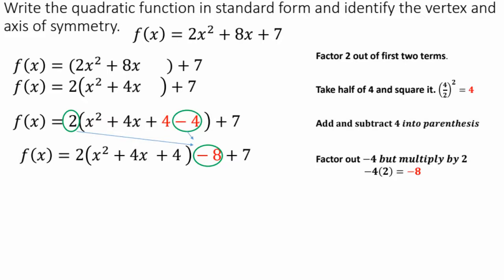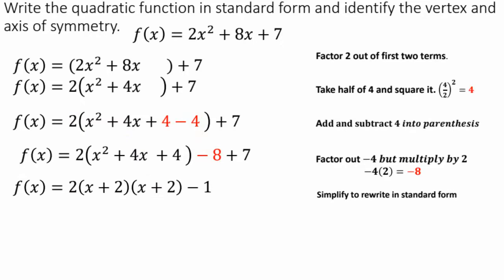So when I move the parentheses here, x squared plus 4x plus 4, when I take this negative 4 out of the parentheses, I've got to give back the 2 that had been taken away from the beginning. So 2 times the negative 4 gives me a negative 8. Now I can put it outside my parentheses, and I can do a little simplifying.